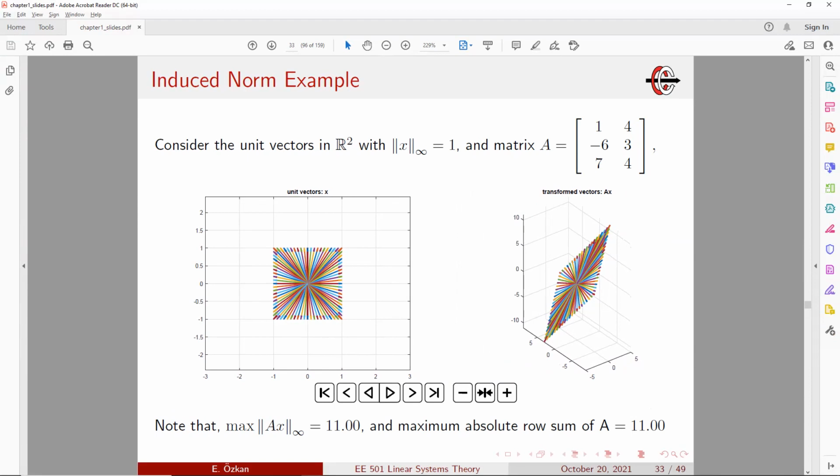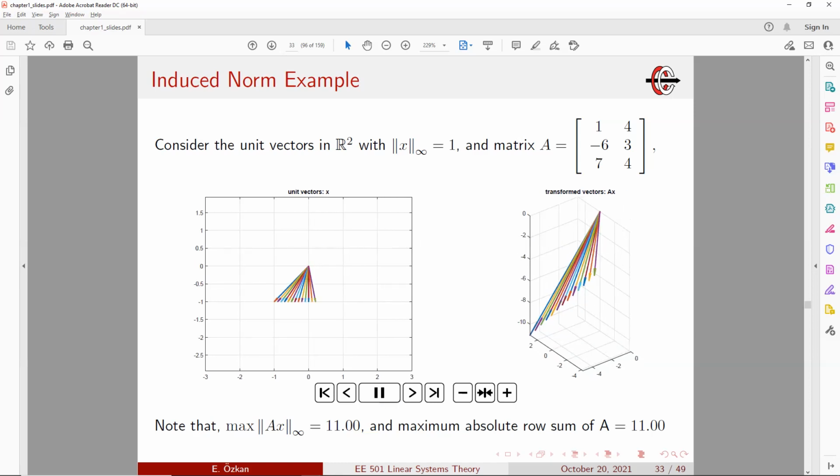Again, I will pick my unit vectors in R square, which lie on a square actually. Then I will compute Ax, and I will get the maximum norm of those transformed vectors A times x. And it will look something like that.